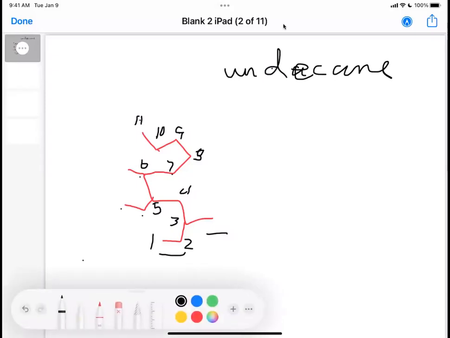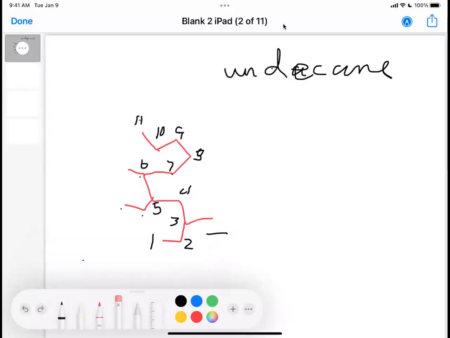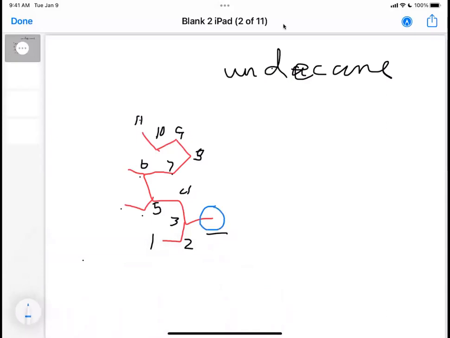So that's our numbering system, and that's our main chain. So now let's identify our substituents. Okay. So this is our first substituent. This is our second substituent, and this is our third substituent.